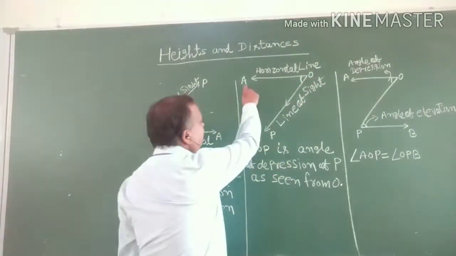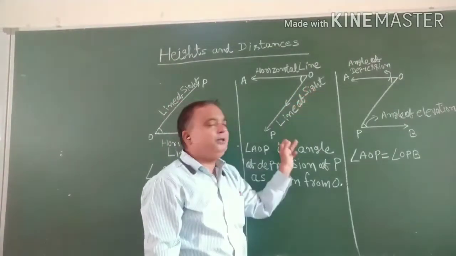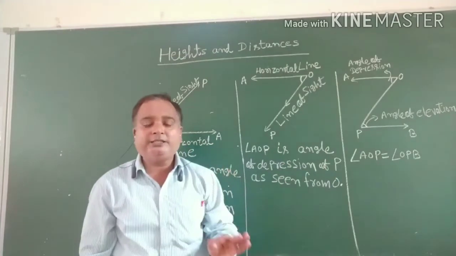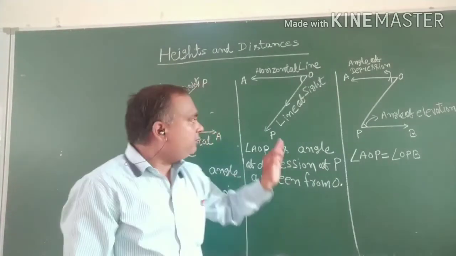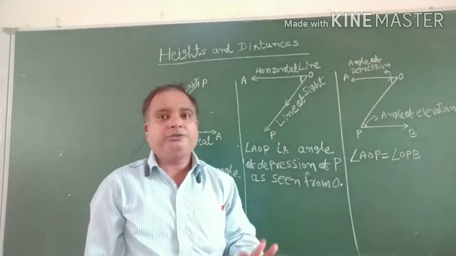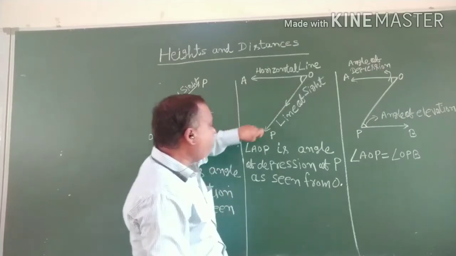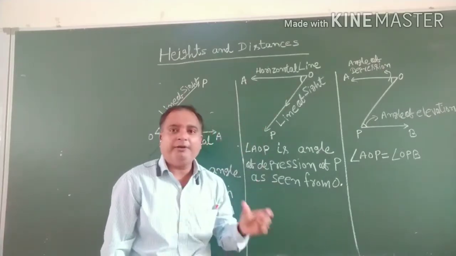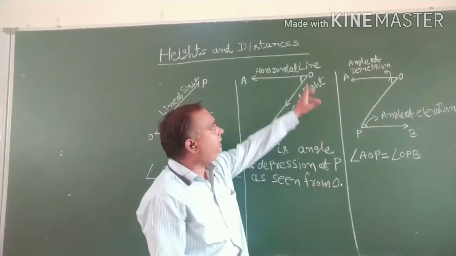So AO is the horizontal line, and OP is the distance between object and observer, that is the line of sight. Angle AOP is called the angle of depression of P as seen from the point O.